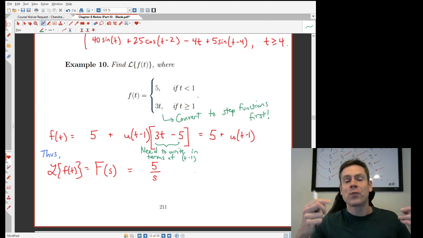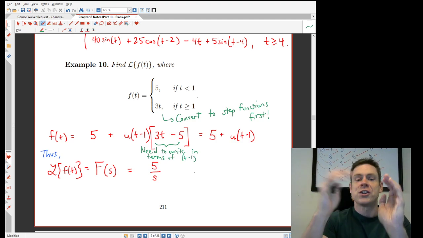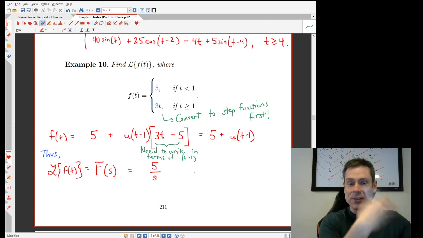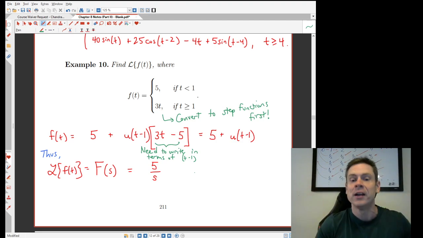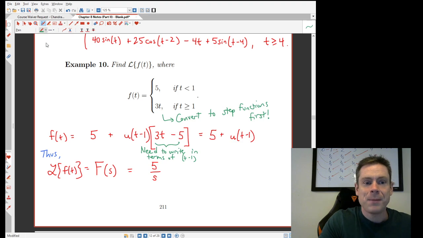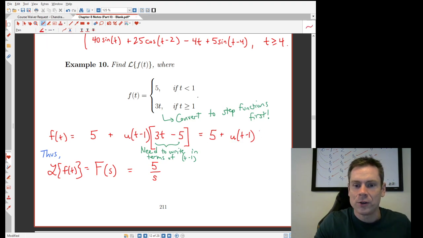That Laplace transform formula required the argument of the function to match the step function. The t minus 1 has to appear in that function. So that means that I need to write a t minus 1 here somehow. So let's do that, and we'll see what that looks like.